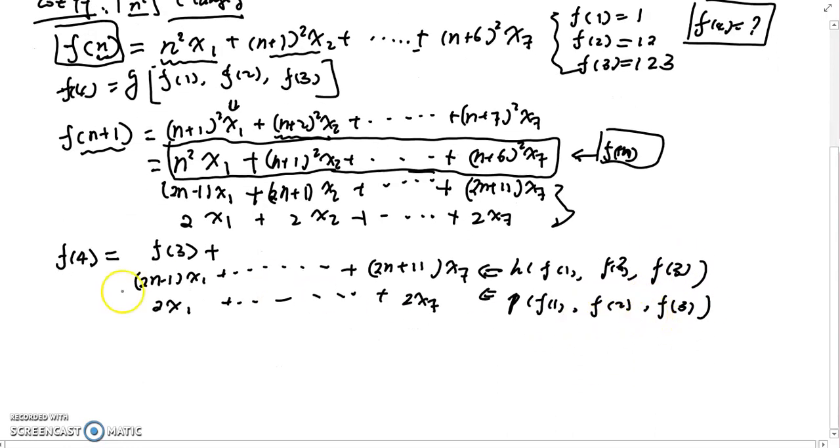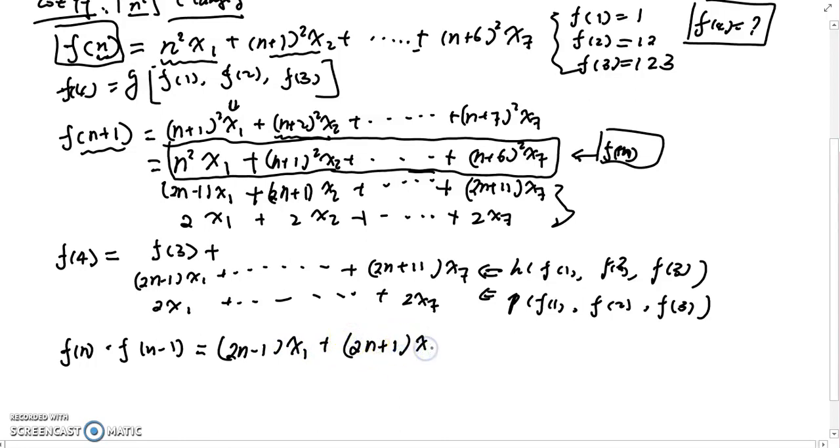Now let's see how we can solve this. Let's do fn minus f n minus 1. So this equals 2n minus 1 times x1, plus 2n plus 1 times x2, and so on, plus 2n plus 11 times x7.